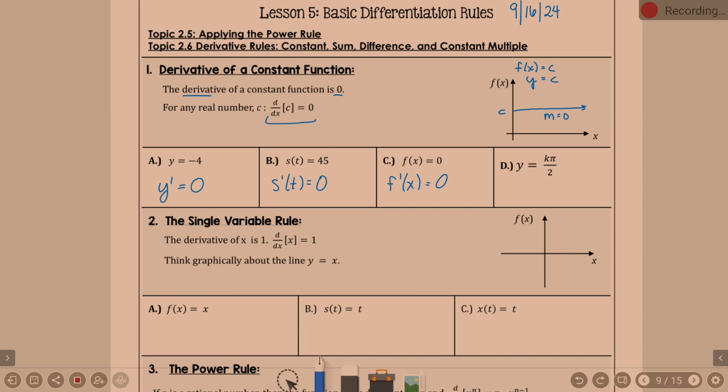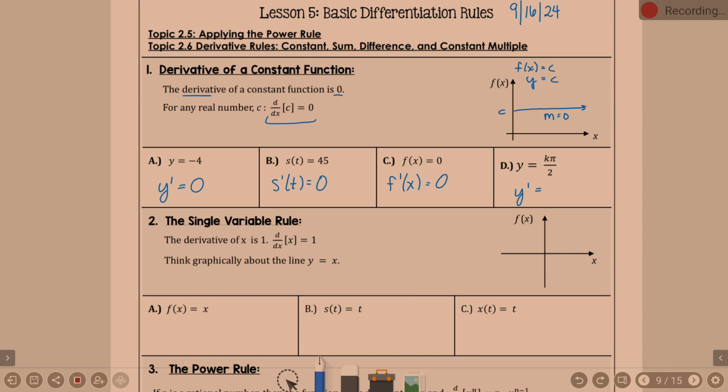Y equals k pi over 2. I guess it doesn't really specify here, but what's k likely representing? A number. So k is a number.